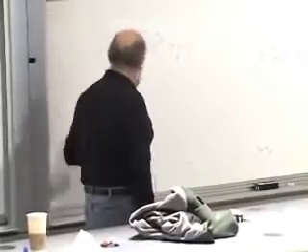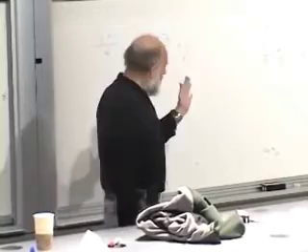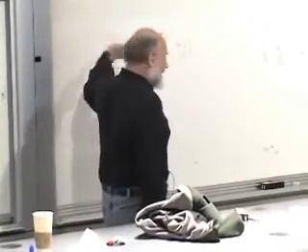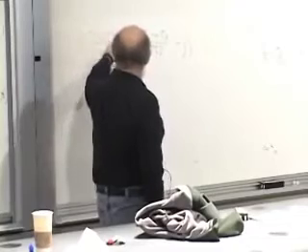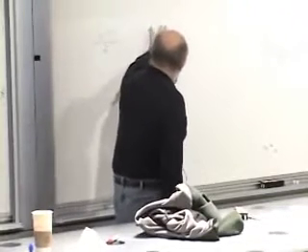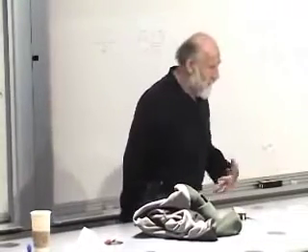Now, if you apply both projection operators to a state, this one acts only on the first spin and takes away anything in which sigma 3 is in the wrong direction. Then if you act with this one second, it takes away anything on the second spin which is in the wrong direction.